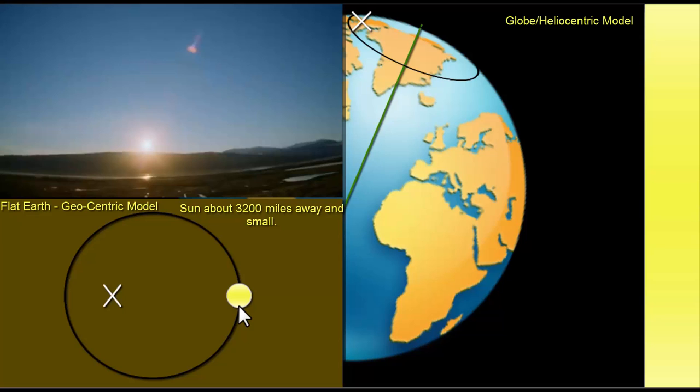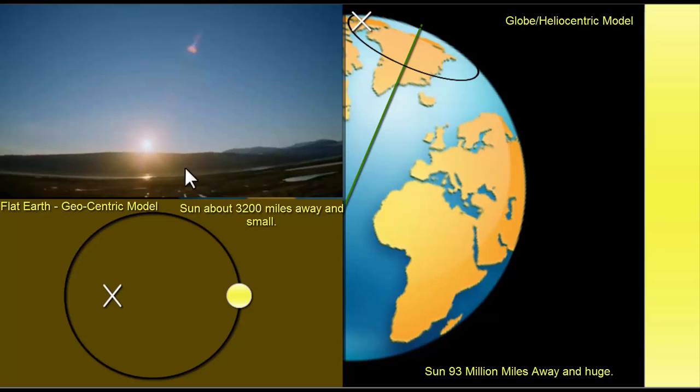Because the sun is the farthest distance away, the flat earth or geocentric model states that the sun would appear to move towards the horizon. And as it does on a larger circle, as you get farther south on the flat earth model, it would eventually disappear at the horizon or vanishing point.